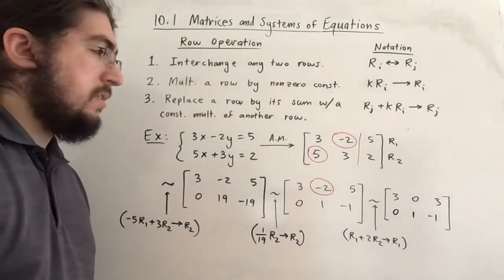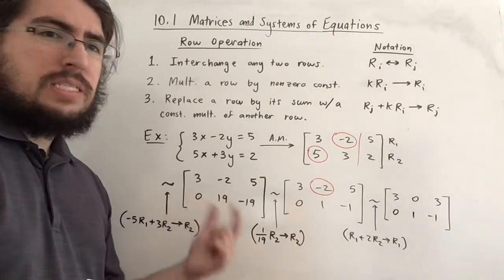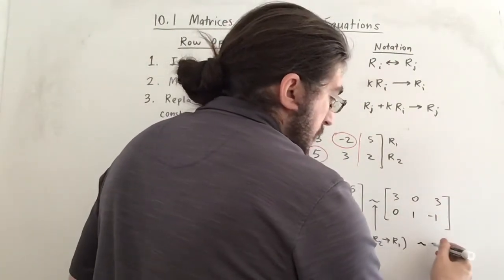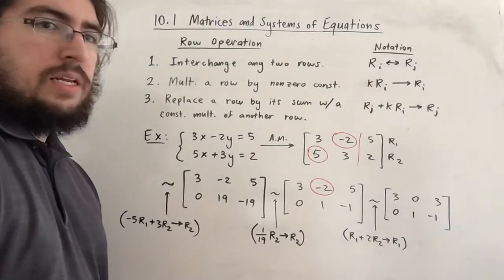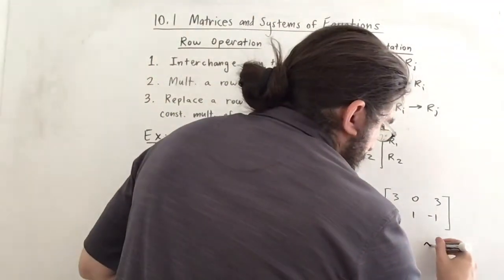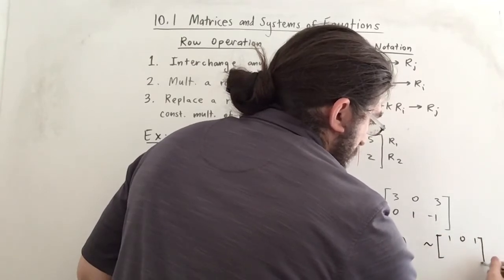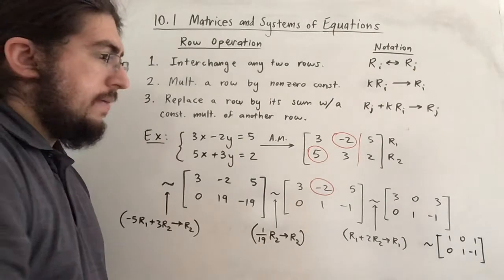That hasn't changed. Great. And now we're kind of done, because the last step is just to divide the top by 3. I don't have too much space to show that, but I'll write it here. So this is equivalent to 1, 0, 1, 0, 1, negative 1. Like that.